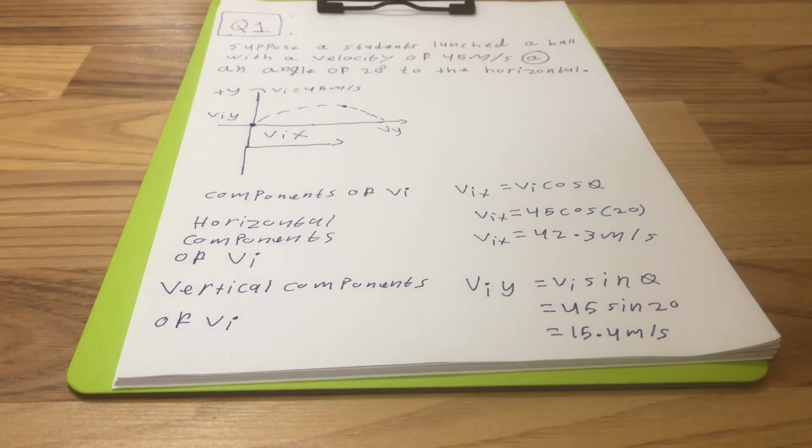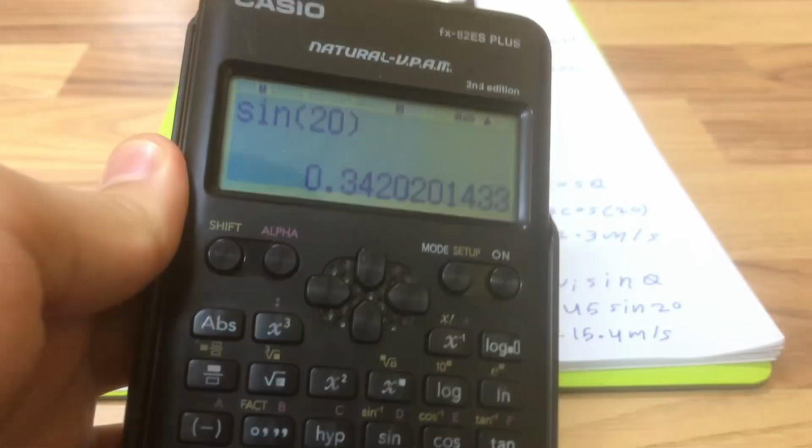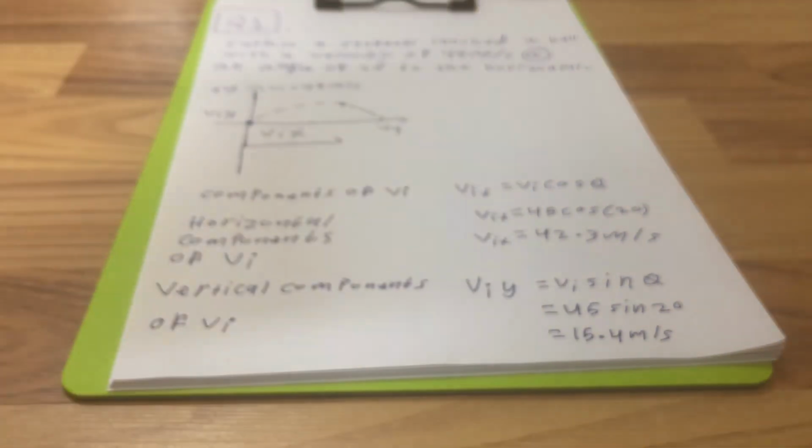For the vertical, we use VIY equals VI times sine theta. So VI is 45 times sine 20, which is 15.4. Also, if you don't like calculators, you need to memorize sine 20. Sine 20 is 0.3 and a long decimal.